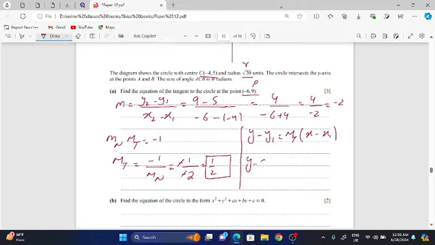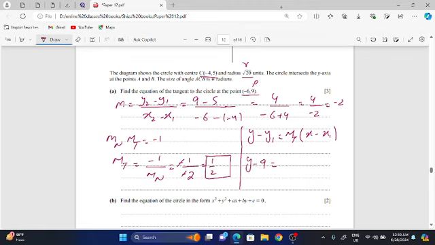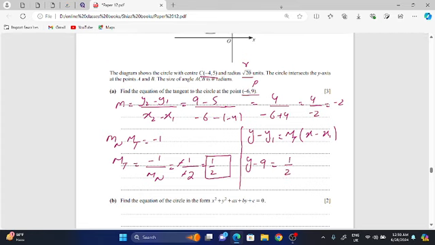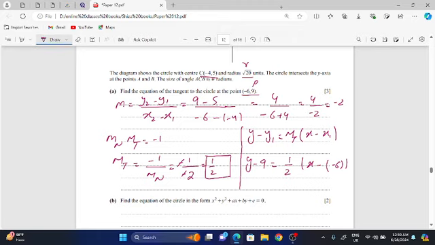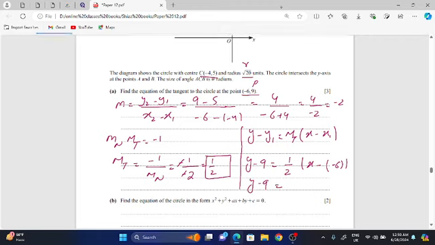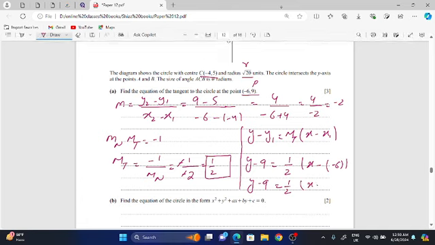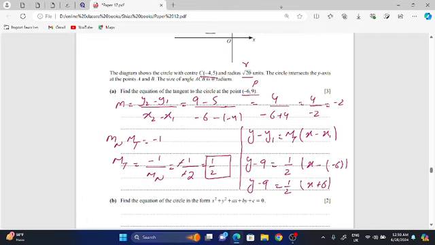So y minus 9 equals 1 by 2 times x minus x1, which is negative 6. So it becomes y minus 9 equals 1/2 (x plus 6). Negative negative will become positive.